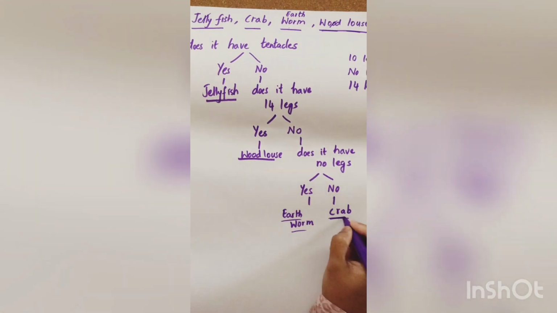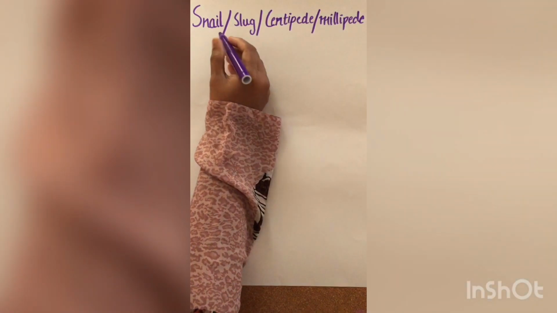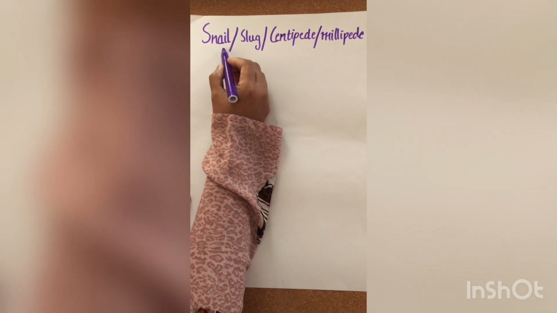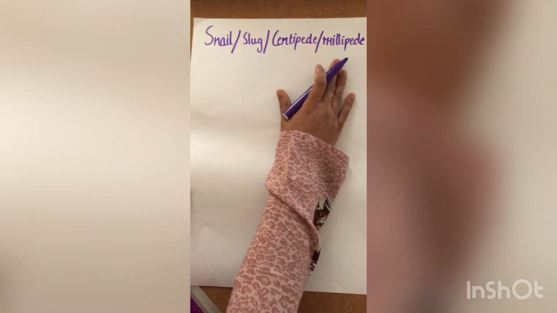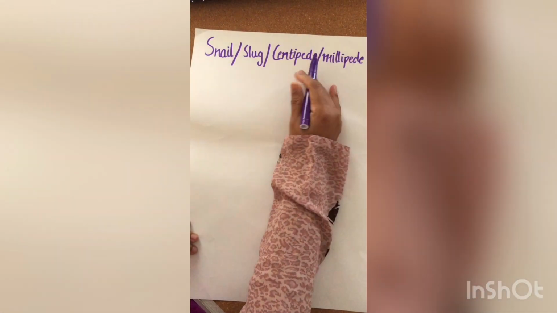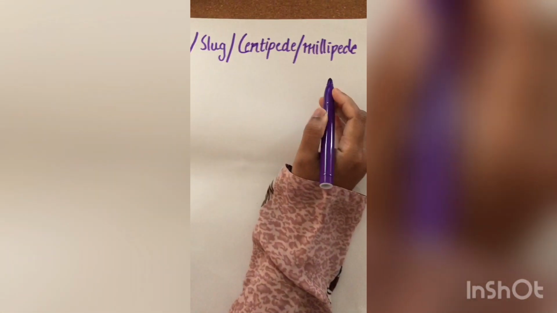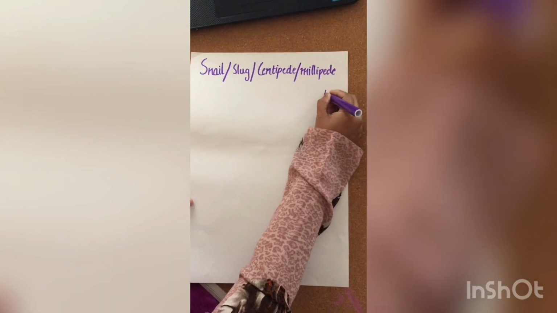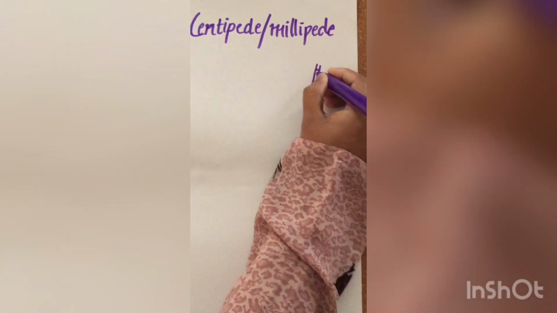Okay, so let us move on to the third example: snail, slug, centipede and millipede. So let me confirm here about these 2 animals. I'll give you some little information about these. These creatures, they have segmented bodies.